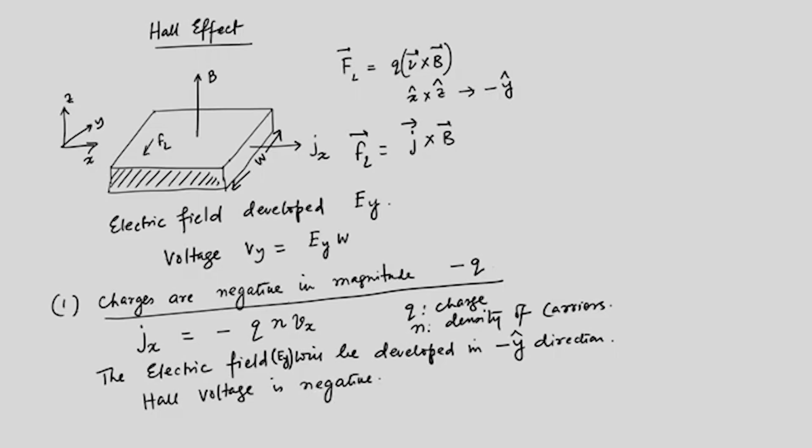This gives a negative Hall voltage. We will show what the implications of this are. Now, consider the charges to be positive, which means they are plus q.